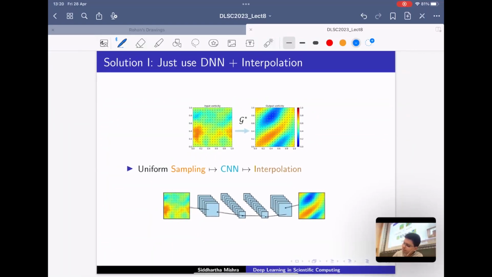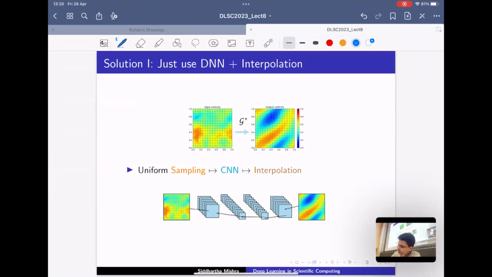The problem that is being solved are the Navier-Stokes equations. So in 2D, we can write them like this: ut plus u ux plus v uy plus px equals 0. Let me just write down the equations. vt plus u vx plus v vy plus py equal to 0, and ux plus vy equal to 0.